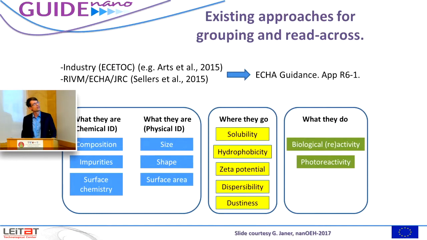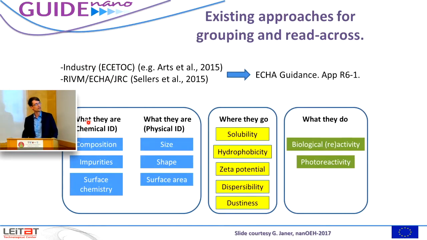And she highlights that apart from our ECETOC proposal, of course, there was also a very, very detailed proposal from RIVM, so the Dutch regulatory labs together with JSC and ECHA, and they have some additional properties on their list which we think are maybe not so essential, but there is also good overlap.